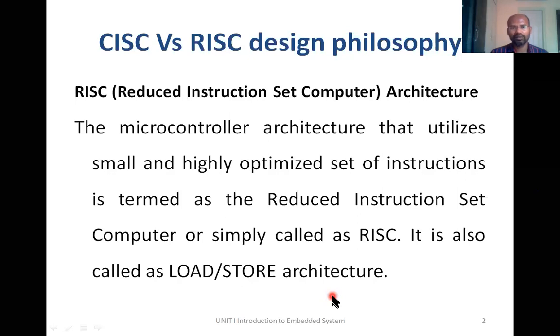In the other architecture called CISC, there are many instructions by which we can transfer data from memory to the processor registers. In the processor we have the register bank, with registers like accumulator, A register, B register, or in some other processors they are named R1, R2, R3 and so on. Generally the program is stored in a separate memory, not part of the processor.